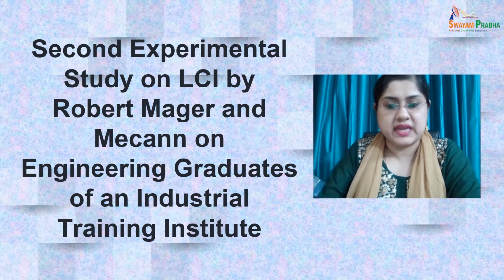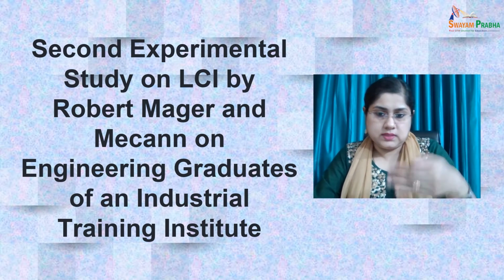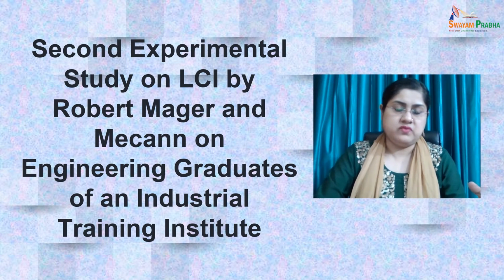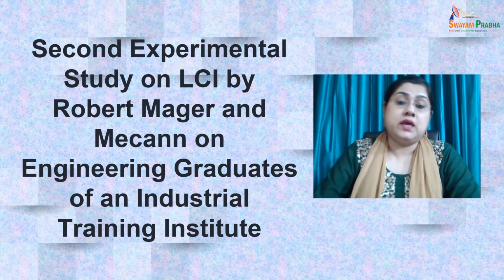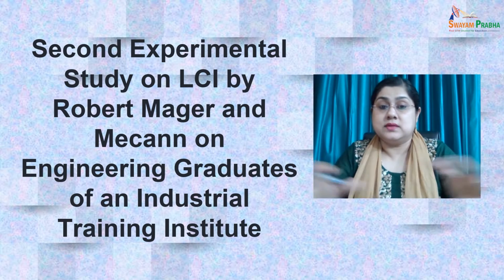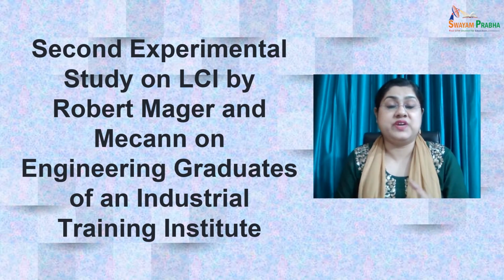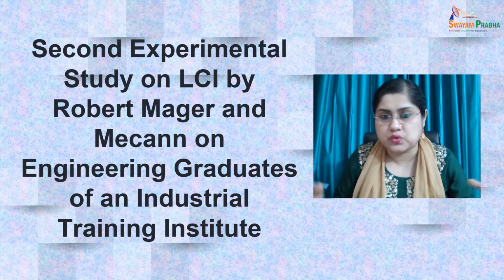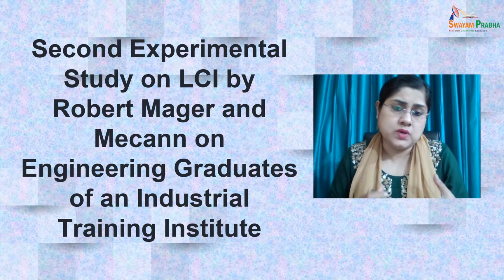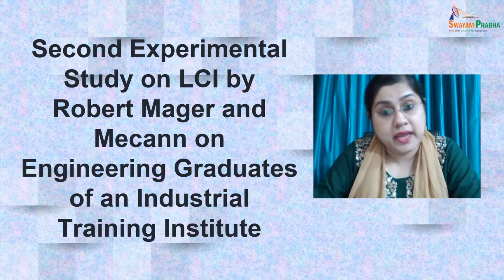which you can see is a substantial percentage. So this other experiment was a kind of eye opener for the team of Robert Major and the other person, Mecken, and they basically got the idea that this type of system where the learner has control over the entire process of instruction is somehow revolutionary in the process of learning and also teaching.